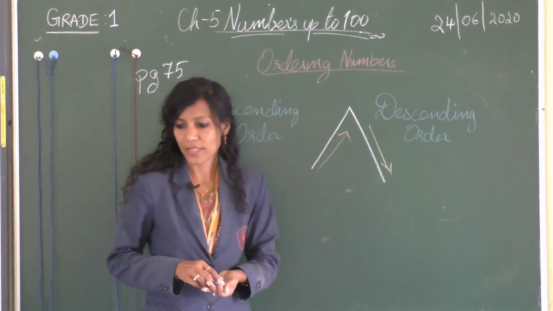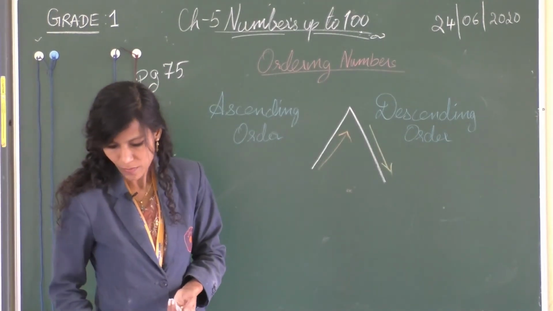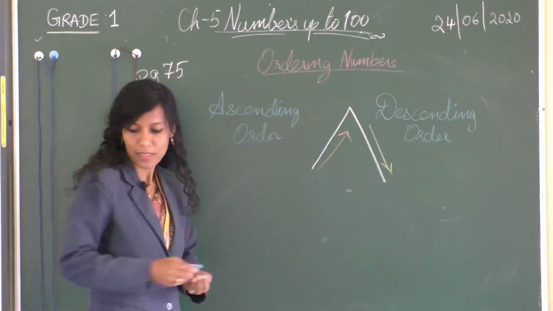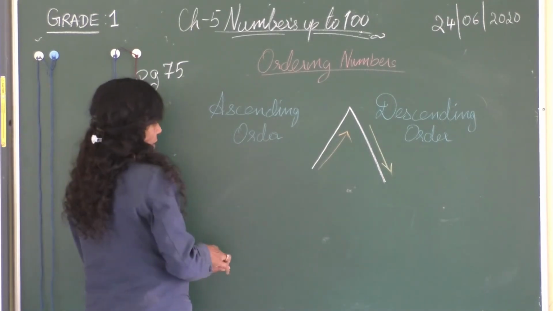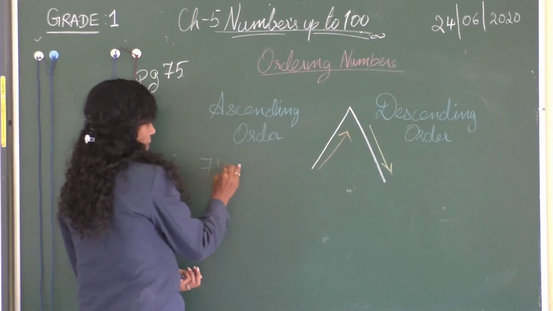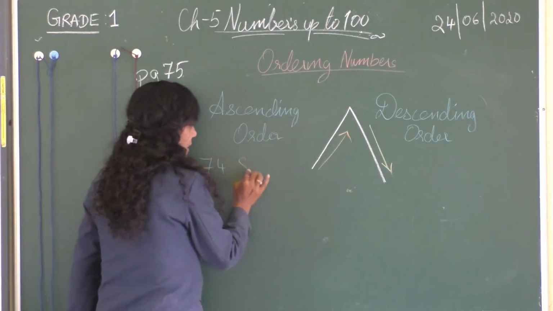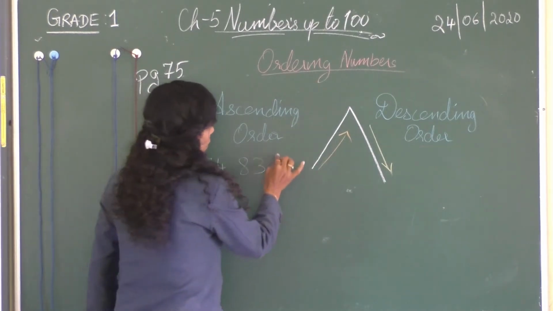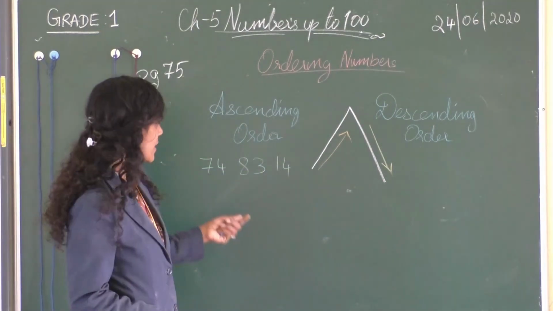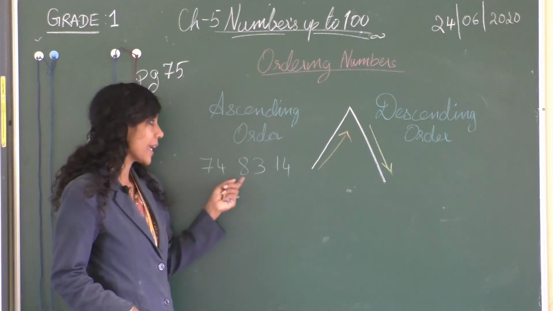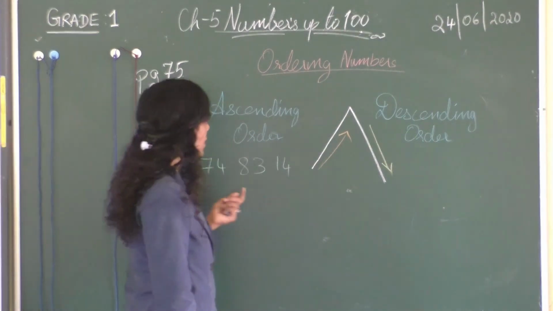So here we take the example 74, 83, 14. We are taking three numbers: 74, 83, 14.